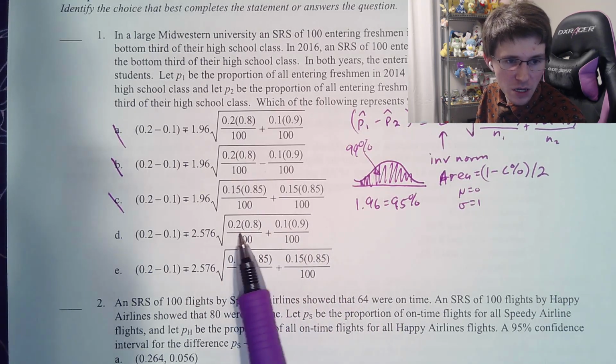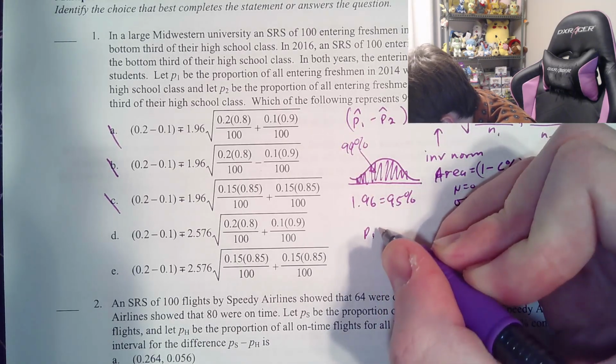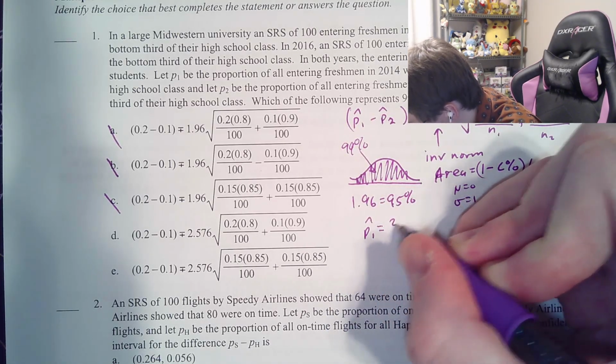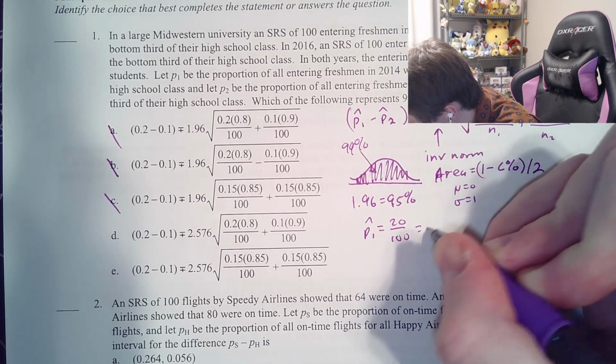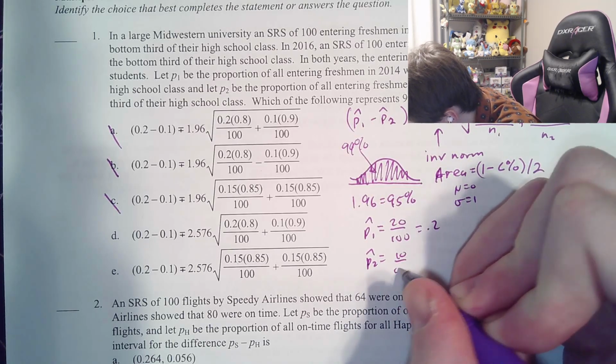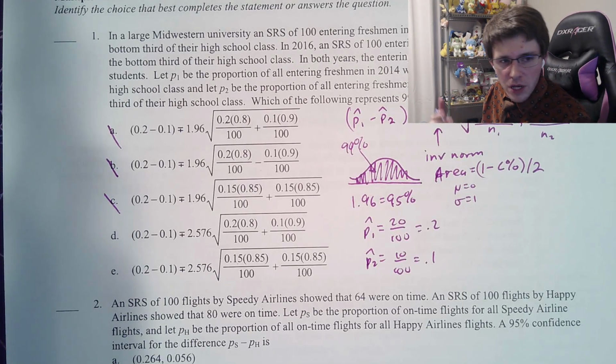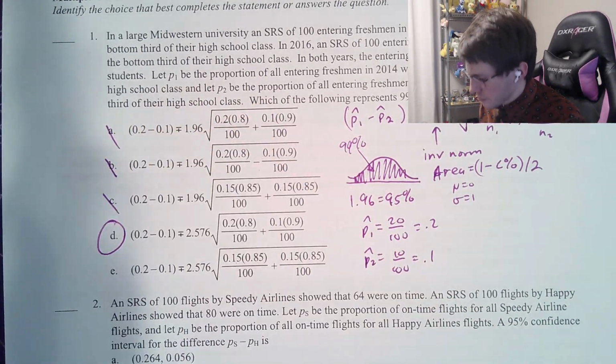So P1 hat is equal to 20 over 100, which is 0.2, and P2 hat is equal to 10 over 100, which is 0.1, and 1 minus 0.2 is 0.8, so on and so forth. Answer is letter D.